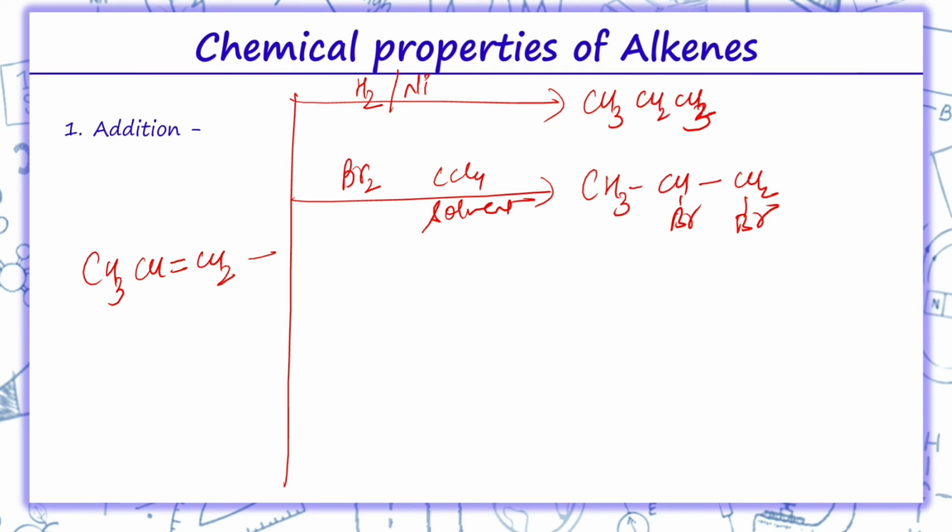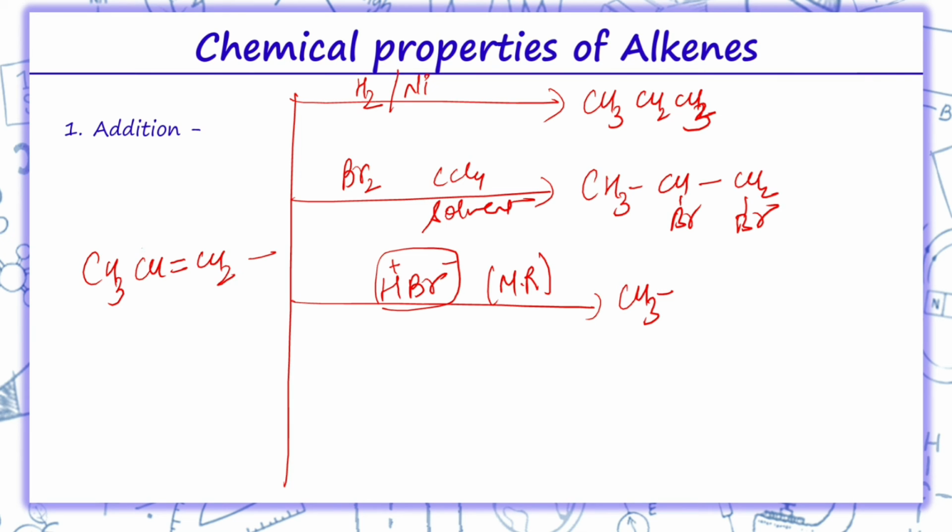Now next is addition of hydrogen halides, that is addition of HBr. Over here we have H plus and Br minus. Here we apply Markovnikov's rule. This rule states that the negative part of the reagent will go to the carbon having the lesser number of hydrogens.